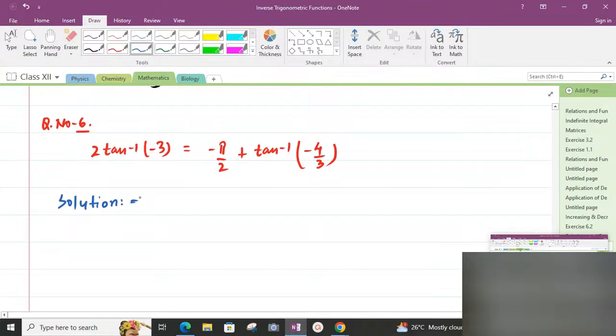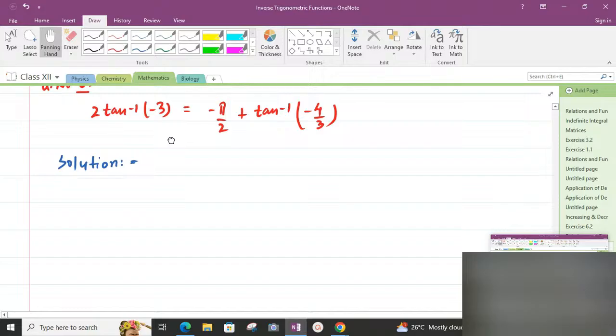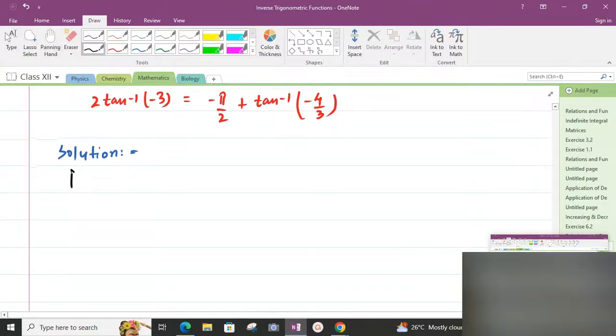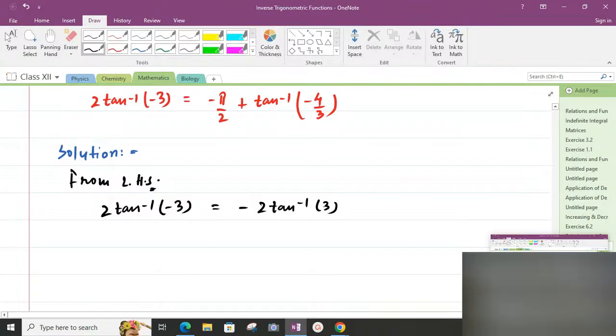From LHS, 2 tan inverse minus 3 equal to minus 2 tan inverse 3. Hope there is no problem to understand up to this step.